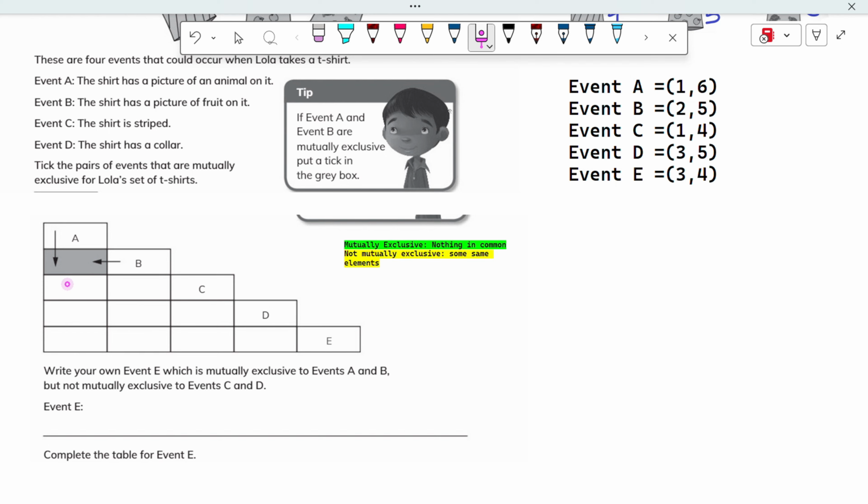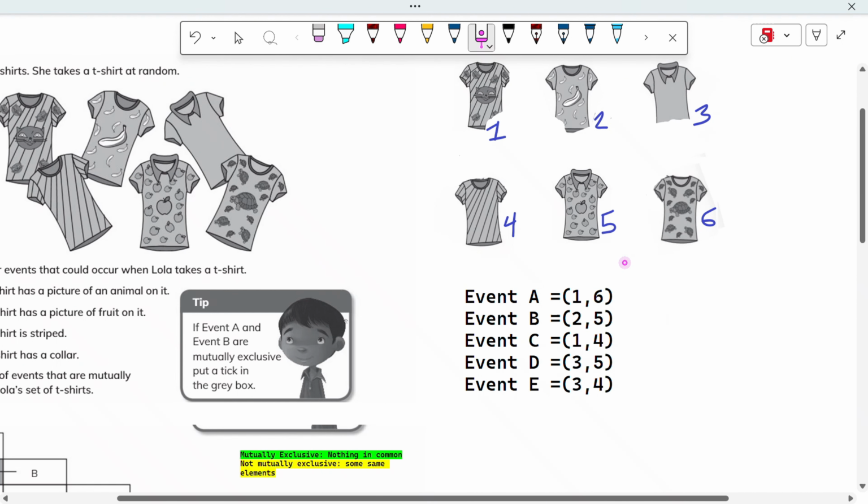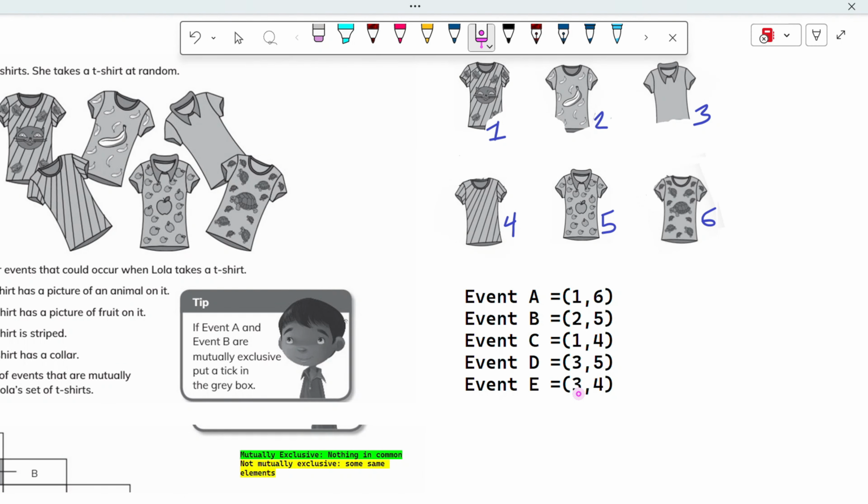So before we even start to do our ticking, let's describe the shirts 3 and 4. Let's look at shirt 3 and 4. Let's write out the best description for 3 and 4. As I'm looking at all the 6 shirts over here, besides 3 and 4, all the others have pictures on them.